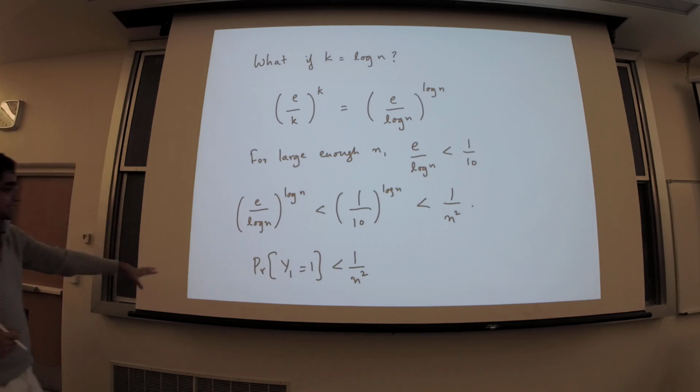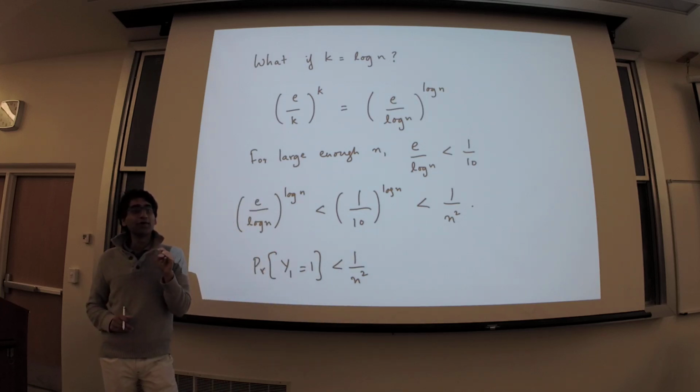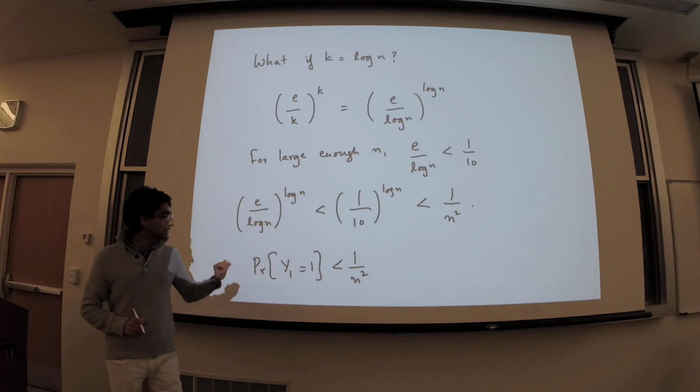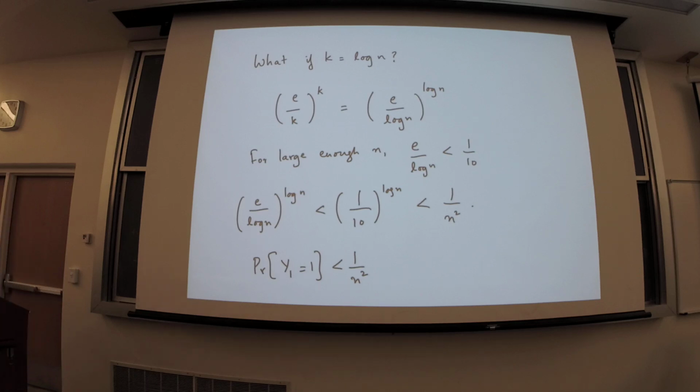So why did I do all this and get a bound like this? The point is that now if I take a union bound over n different events, this is still a vanishing quantity. So if you now take a union bound, the probability that y1 equals 1 plus the probability that y2 equals 1 plus ... plus the probability that yn equals 1 is less than or equal to n times 1 by n squared, which is still negligible.